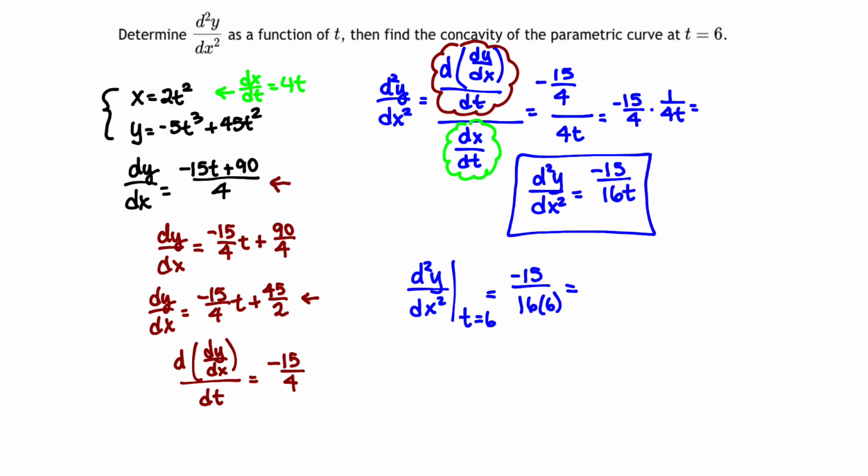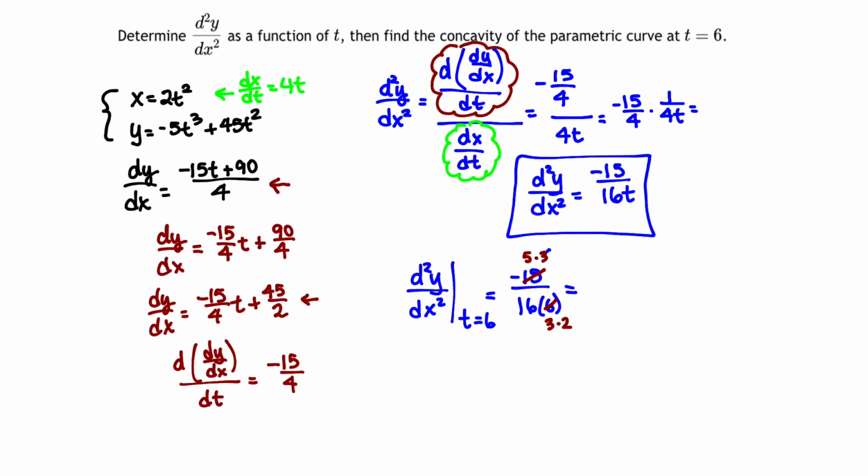Let me simplify it this way. 15 is 5 times 3, and 6 is 3 times 2. When I write it that way, I can see that my 3's cancel, and so I can simplify this down to negative 5 over 32. So my second derivative at t equals 6 will be negative 5 over 32.